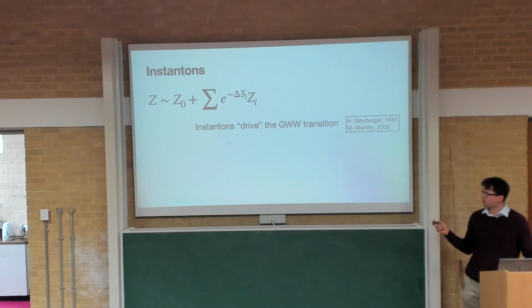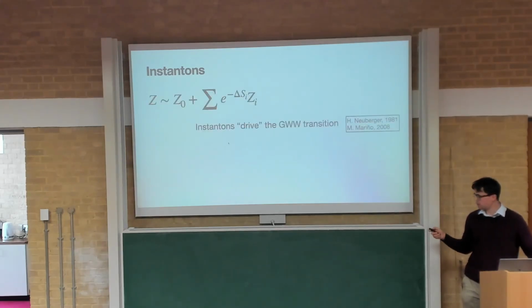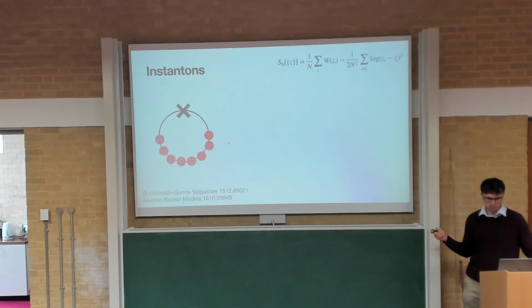These are called instanton contributions because of this exponential suppression and because they're non-perturbative. They manifest in matrix models with eigenvalues like this in the following way.